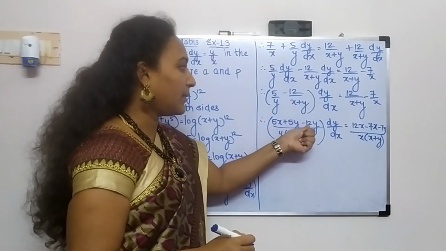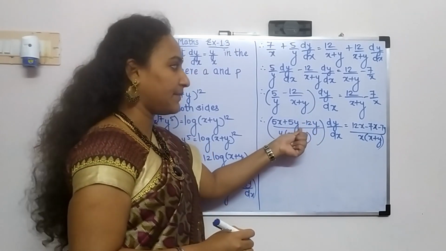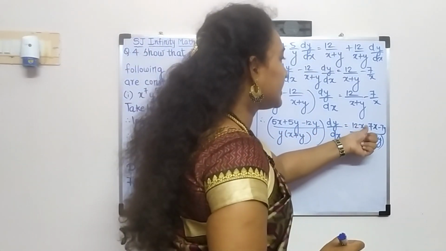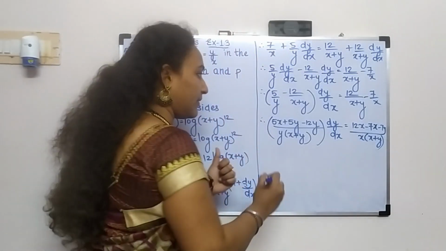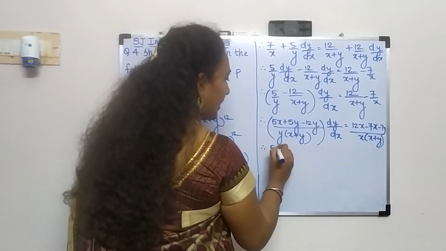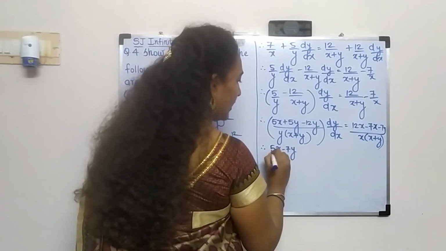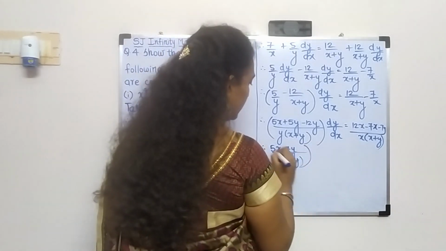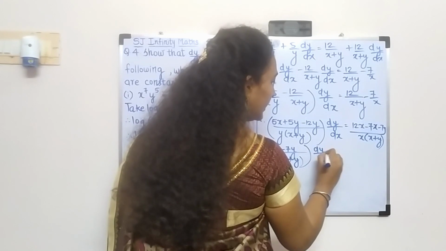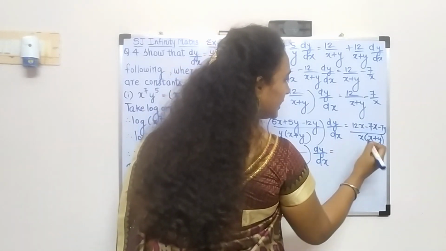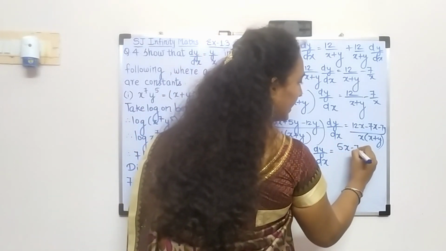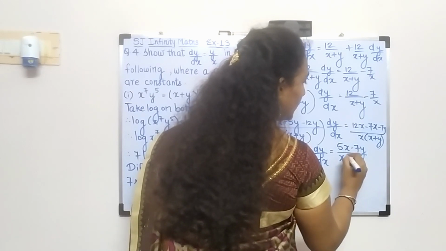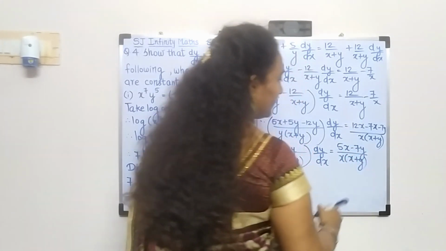See, 5y minus 12y will give you minus 7y. Here 12x minus 7x will give you 5x. Therefore 5x minus 7y upon y into x plus y dy by dx is equal to 5x minus 7y upon x into x plus y.